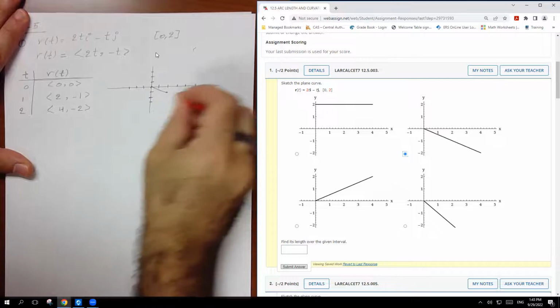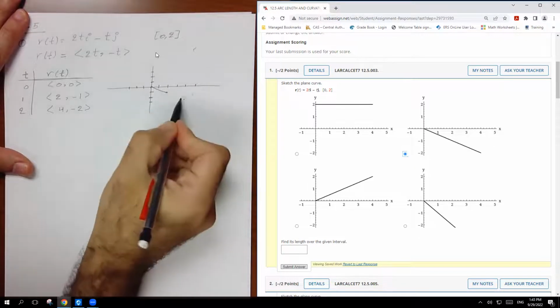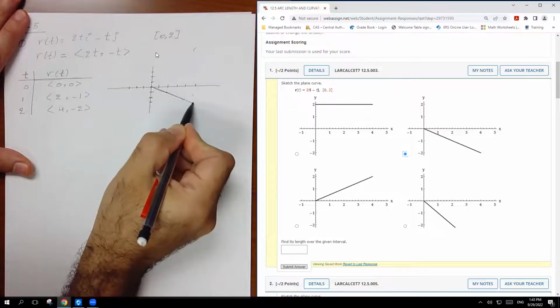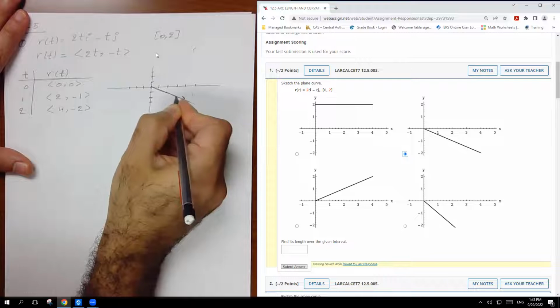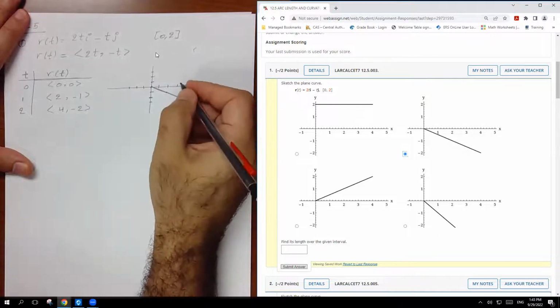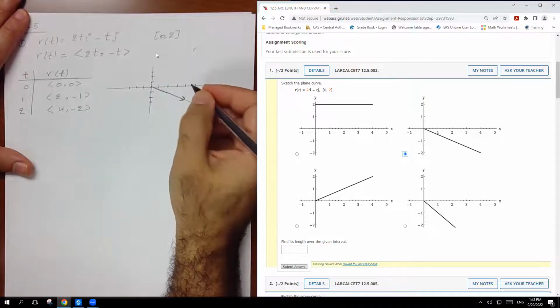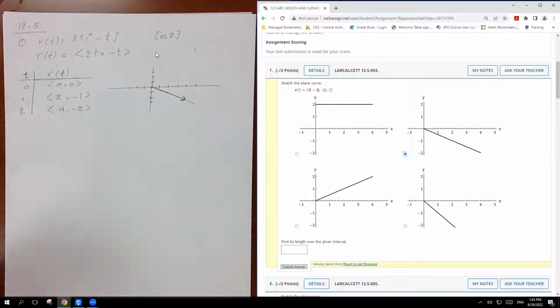It's not accurate, but we need to find between these two endpoints, between 0 and 4. So here's our line.